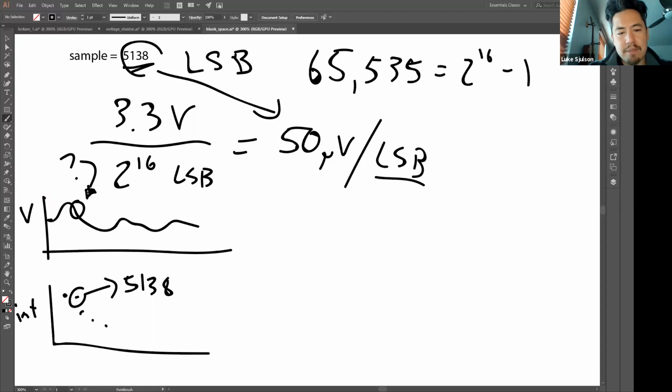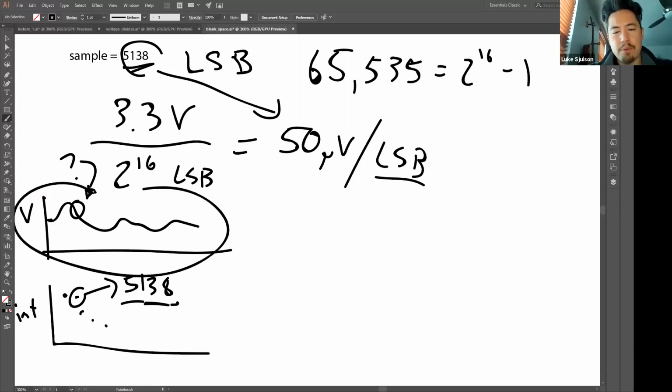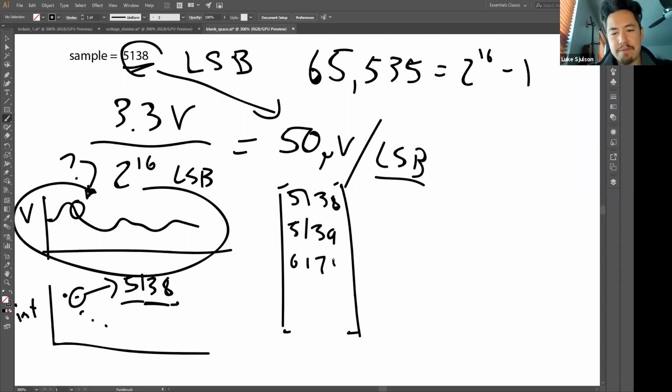How do we map from the number that's in the file to the actual voltage that was in the system at that time? So it's a value at a specific time, not an accumulated value at the end of the experiment. Right, exactly. If you record this and look at it in the computer, you'd get a giant matrix of numbers like 5,138, 5,139, 6,124, all the way down, a long column or row of numbers.